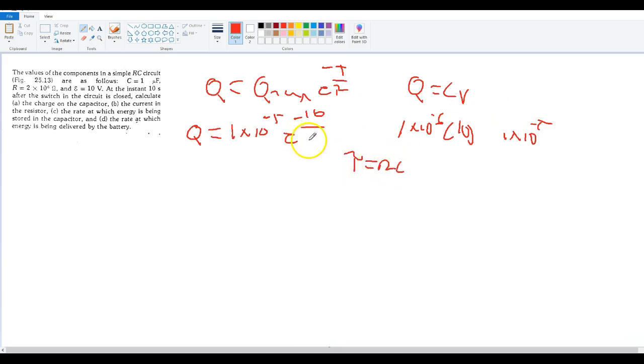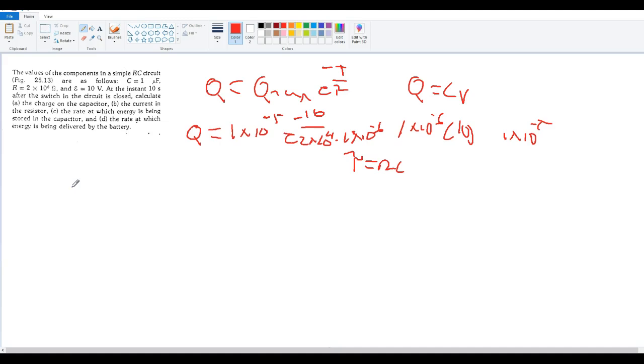So this is going to be 2 times 10 to the 4th times 1 times 10 to the negative 6th. And you're going to get, just plug in your calculator, e to the negative 10 divided by 2 exponent 4 times 1 exponent negative 6 times 1 exponent negative 5.